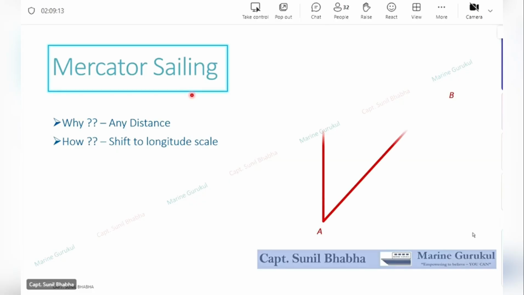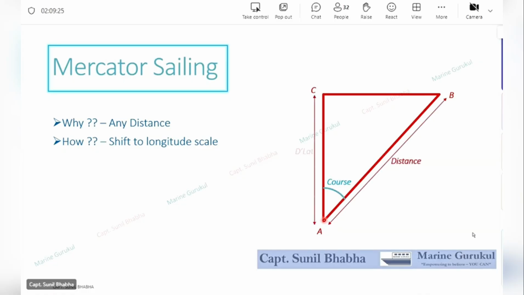We have seen the plain sailing triangle. You can see this plain sailing triangle ABC coming up on the screen. Angle A is the course angle. Side AB was the distance. Side Alpha to Charlie is the D-lat. And side Bravo to Charlie was the departure. All the three sides of this triangle were measured on the latitude scale.